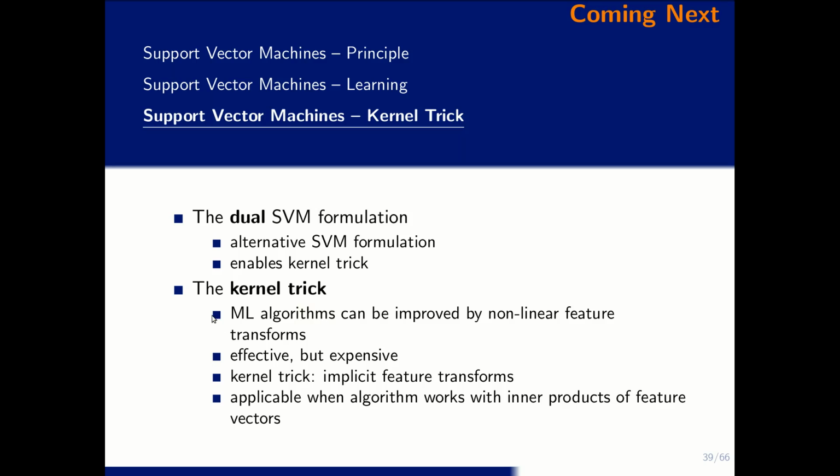The basic idea is that machine learning algorithms can usually be improved by first using a nonlinear feature transformation before applying the algorithm, which is often effective but expensive because we have to compute a lot of nonlinear features. The kernel trick essentially allows us to do this implicitly and efficiently.